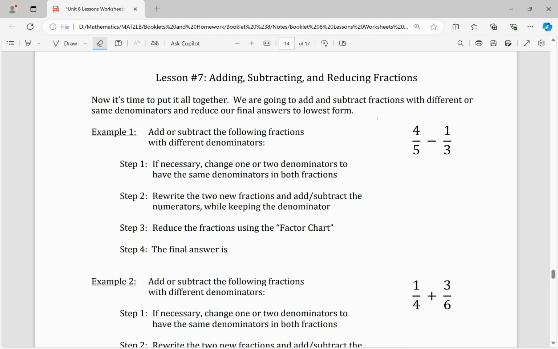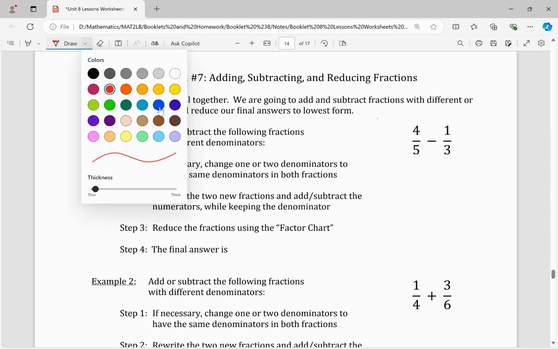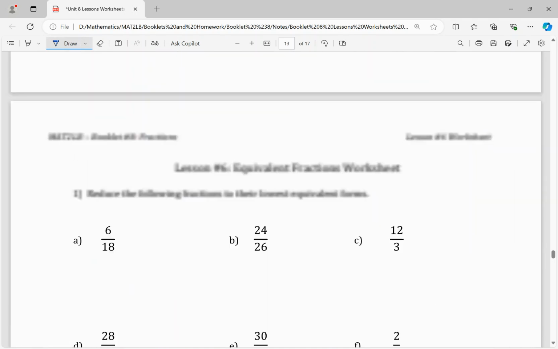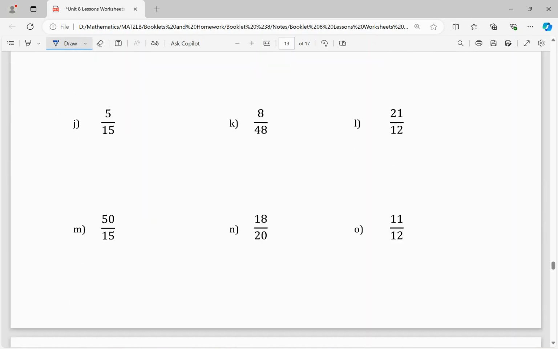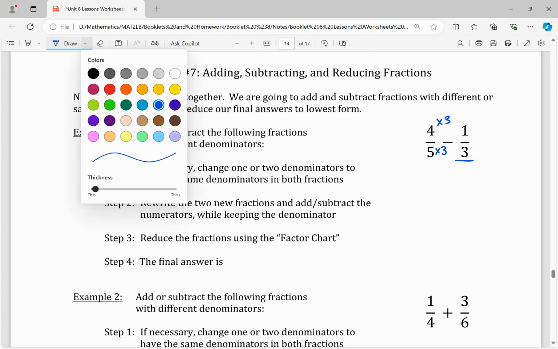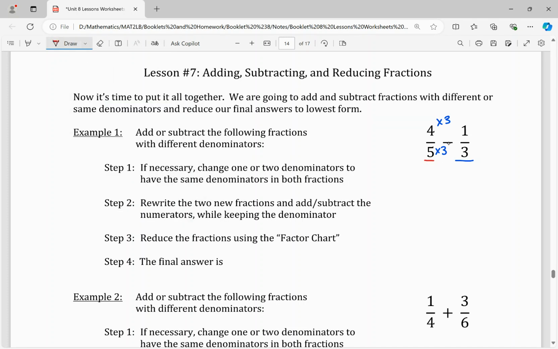So that's okay. Instead, we just need to find a common denominator the long way. So that means that I need to multiply the first fraction by the second denominator. And that means that I need to multiply the second fraction by the first denominator, right?